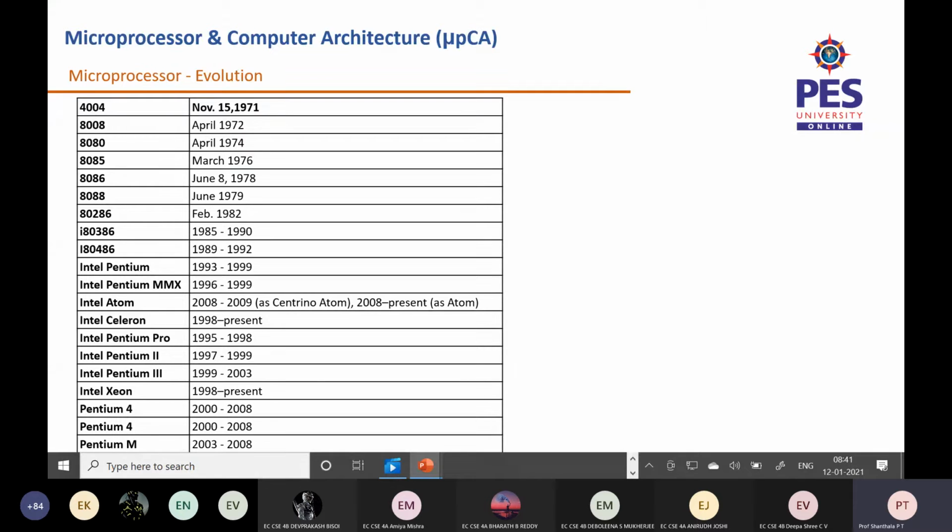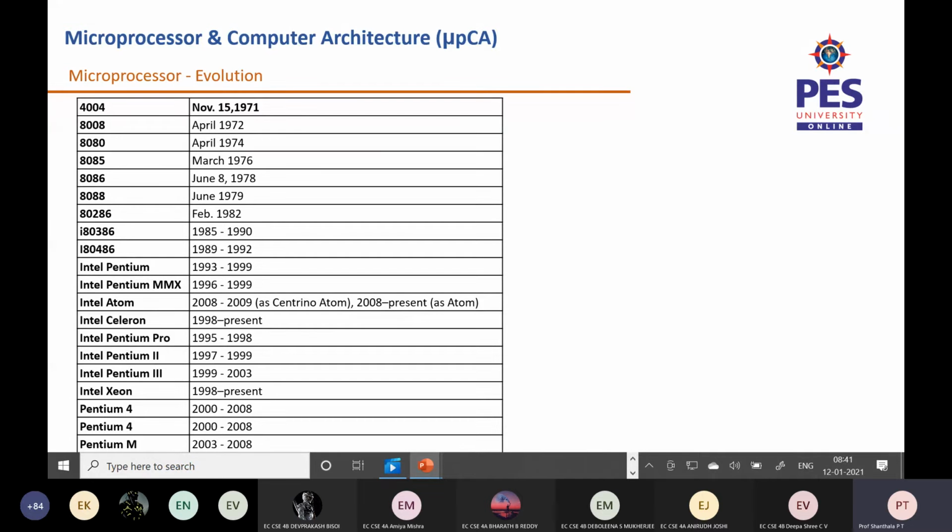They were manufactured for tablet type devices, which were smaller in size and used less power, and they were also able to execute arithmetic operations as well as some of the functions that the Pentium processor was doing. So this overall gives the evolution of the microprocessor.